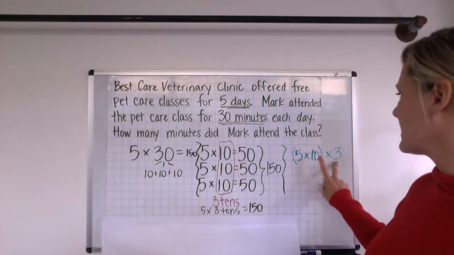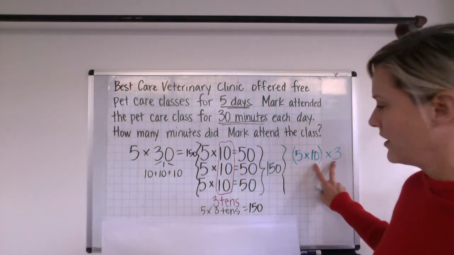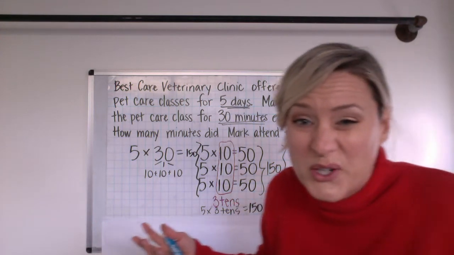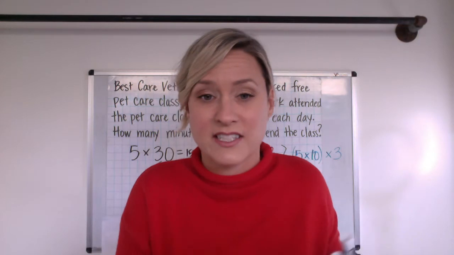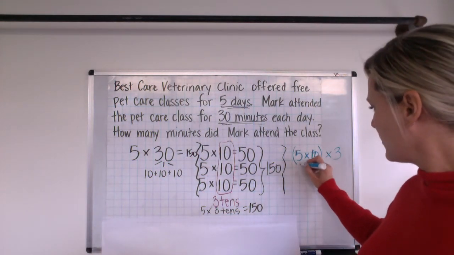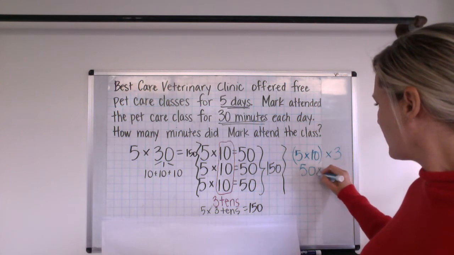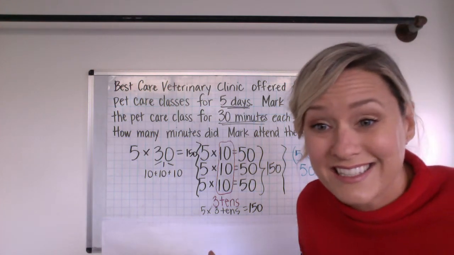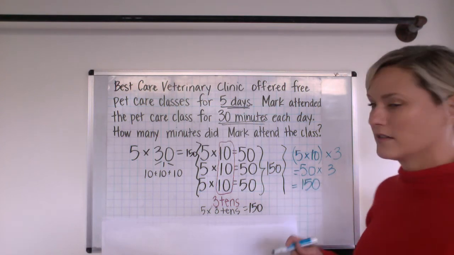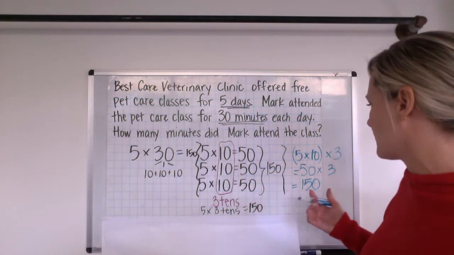So instead of having the 10 and the 3 together, you can break up the 30 into a 10 and a 10 and a 10. So 3 groups of 10. And then you could do 5 times 10, which is 50, times 3, which is still 150. Anyway we go, we're going to find out it's 150, right?